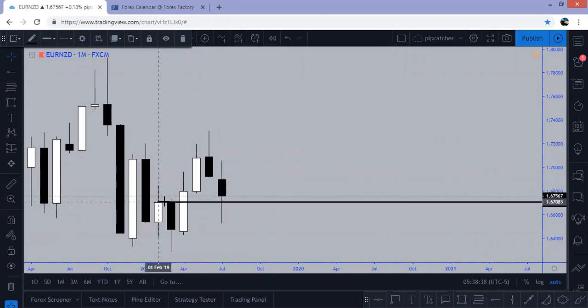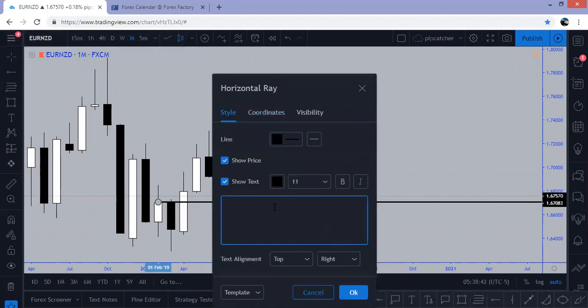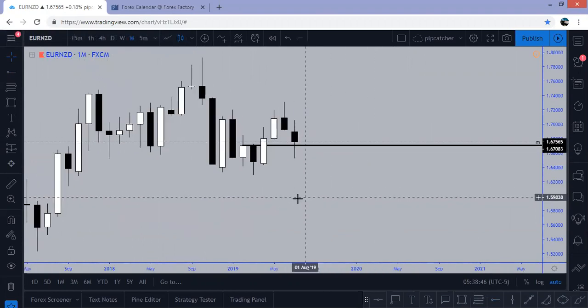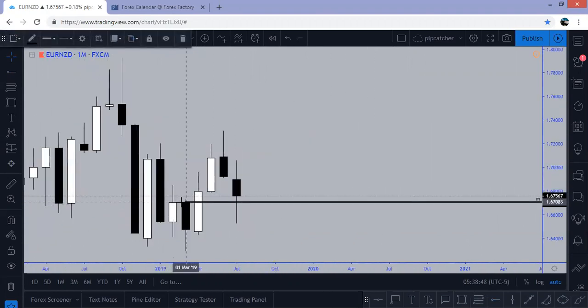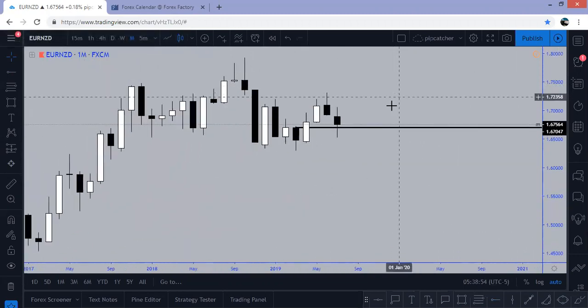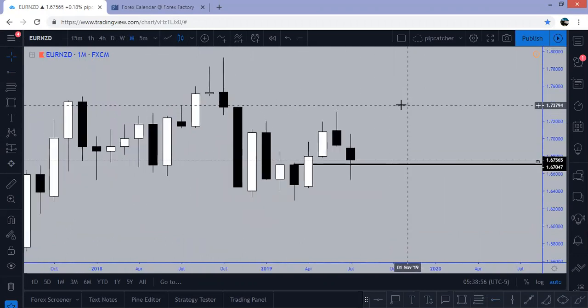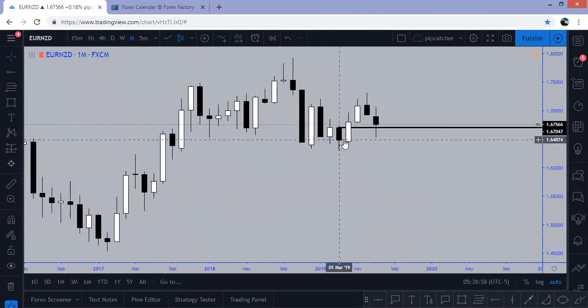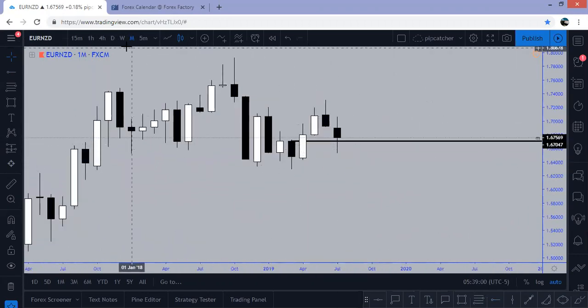So this would be my monthly order block right here. So I go and I put monthly. I'm looking at this candle right here, this black candle before these two white candles, right? So that was on the monthly. That was my focus area, right? When it gets into this zone.